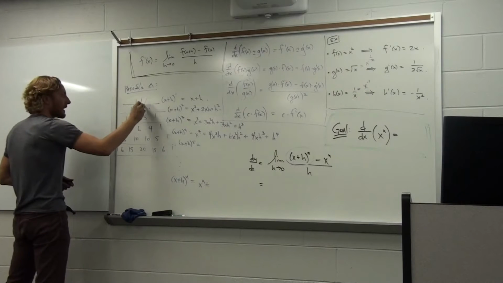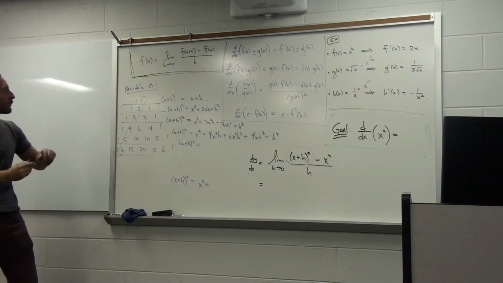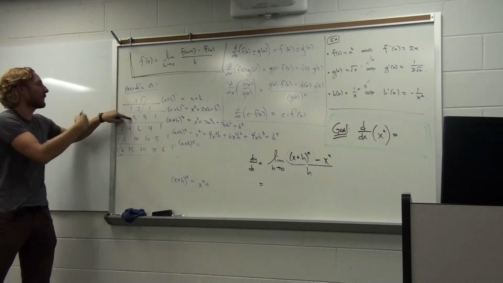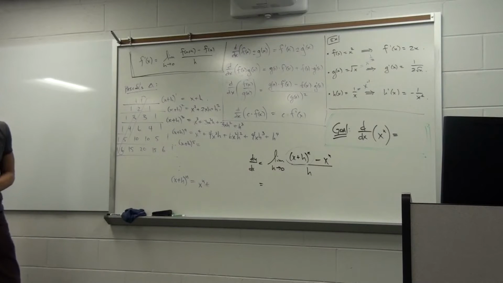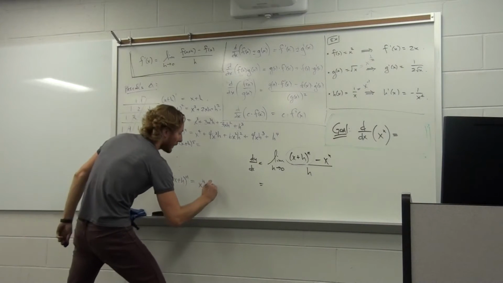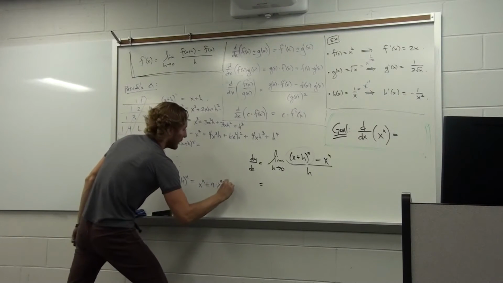If you look at the numbers that follow, they keep account of what row you're in. Row 1 followed with a 1, row 2 followed with a 2, row 3 followed with a 3, row 4 followed with a 4, and so on. So if we're multiplying to the nth power, we're going to follow by an n times x to the n minus 1 h.